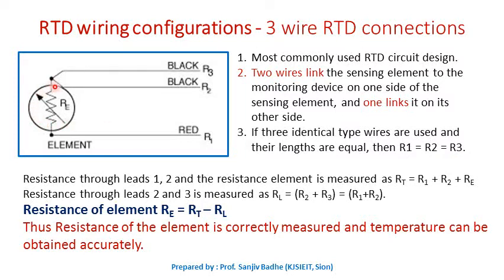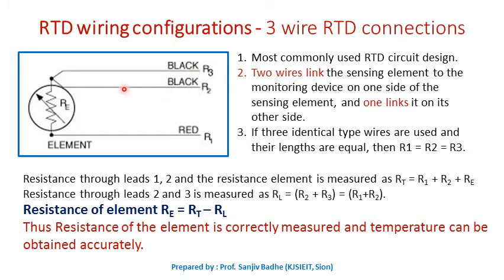Now, for measuring the resistance of this sensing element, we will measure the resistance between this point and this point. So, that resistance will be R1 plus Re plus R2. So, resistance measured through lead 1 and lead 2 will be RT, that is R1 plus R2 plus Re. And then again we will measure the resistance between lead 2 and 3.